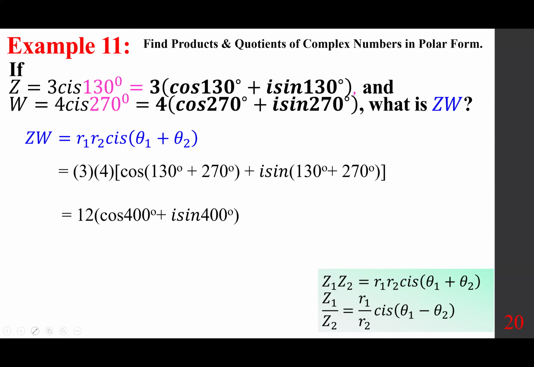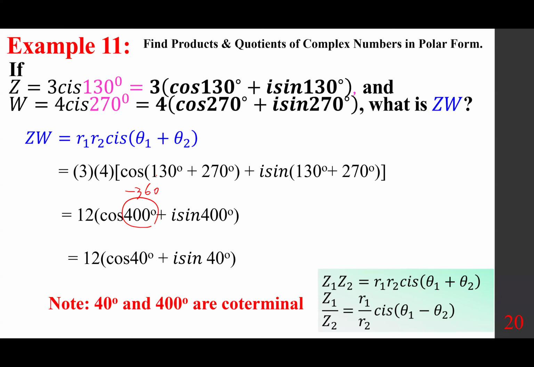We can subtract 360 and we get 40 degrees. And we are done. Note that 40 and 400 degrees are coterminal.